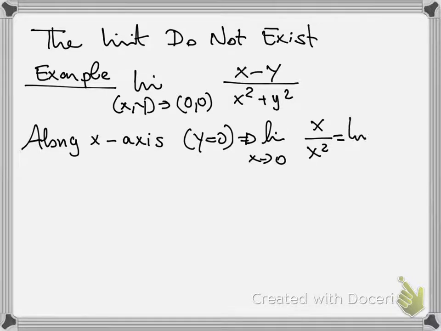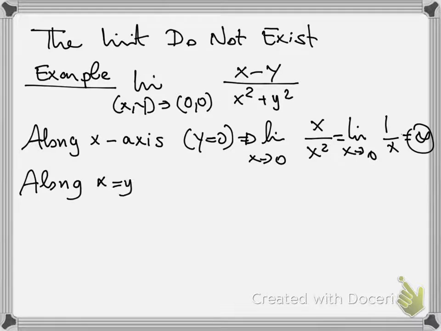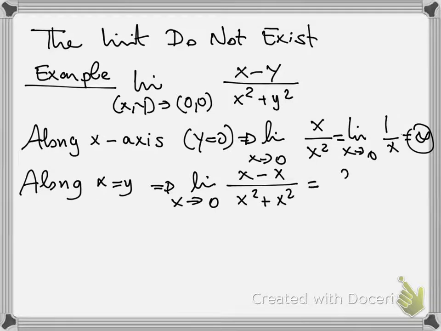This is the limit as x goes to 0 of 1 over x, so that's infinity. Along the x-axis, you don't get 0, you get infinity. If you try along the diagonal, x equals y, then x goes to 0 of x minus x over x squared plus x squared, so it's 0 over 2x squared, which is 0. So anyway, you get different limits.